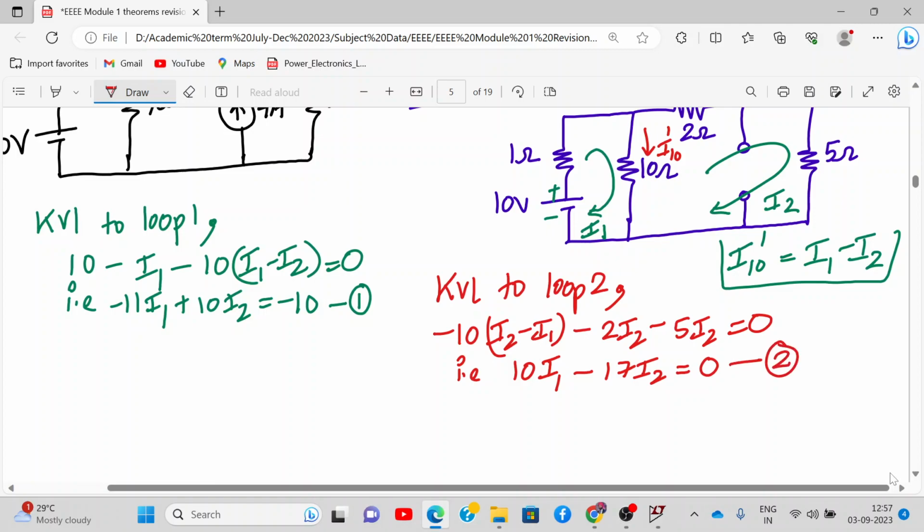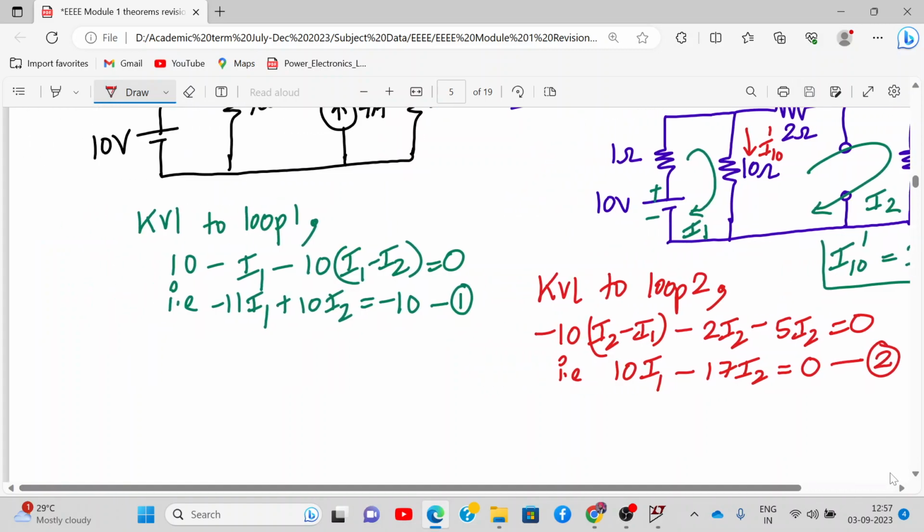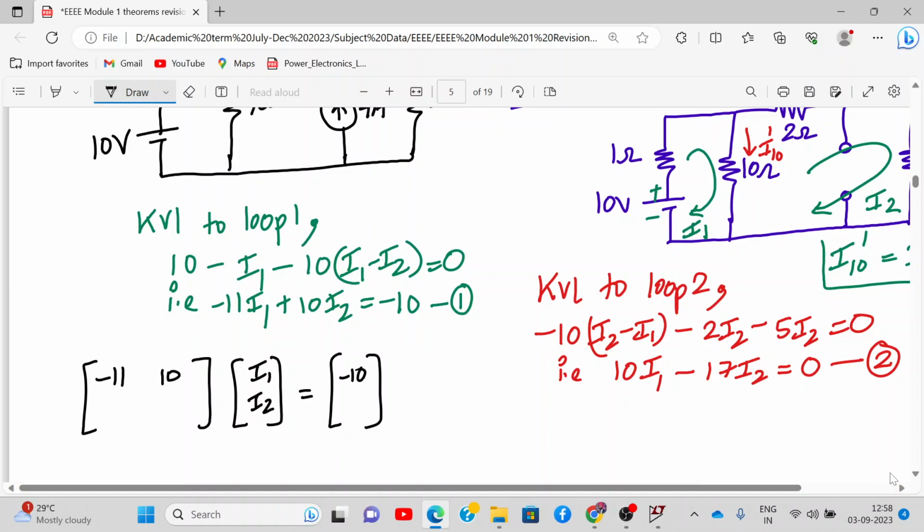We call it equation number 2. Now 1 and 2 we solve simultaneously. We put it in matrix form and get the answer of I1 and I2. This is minus 11, 10, and minus 10; here it will be 10, minus 17, and 0. So solve this and let me know the values of I1 and I2.